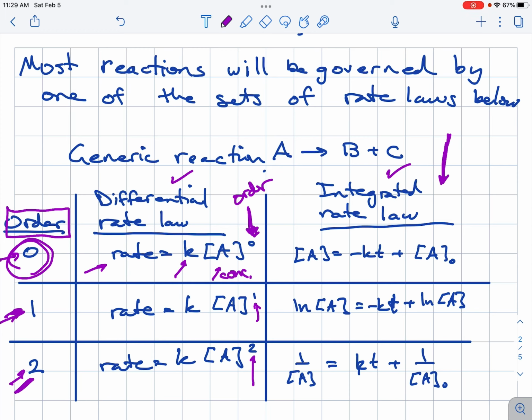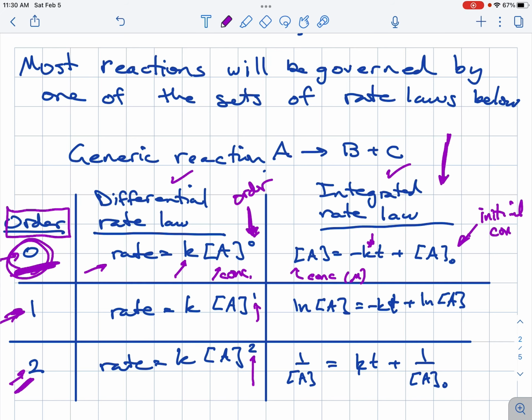So for 0 order, the integrated rate law is concentration. Again, remember the brackets mean concentration in moles per liter. All right. The concentration is equal to minus, and then there's that rate law constant that we saw is also in the differential rate laws, times time plus, now what this symbol over here means, this is the initial concentration.